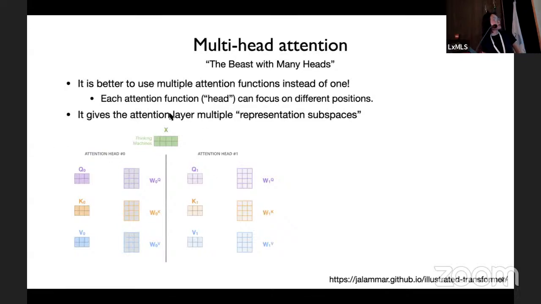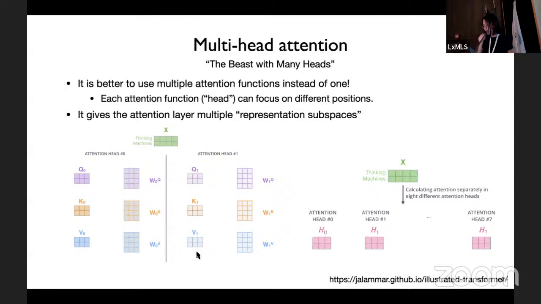So what does it mean? Here, let's say there is one input matrix X. If you have one attention head, you can calculate one set of the QKV matrices. And if you have another attention head, you just duplicate this. You make another separate set of the QKV matrices, and you calculate another set of QKV vectors. Essentially, for each of these, you can do this independently.